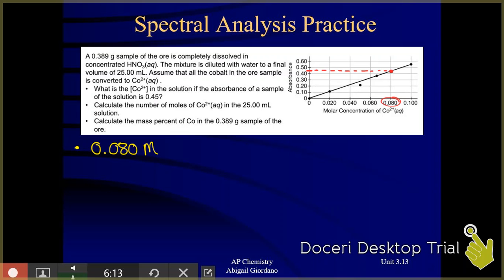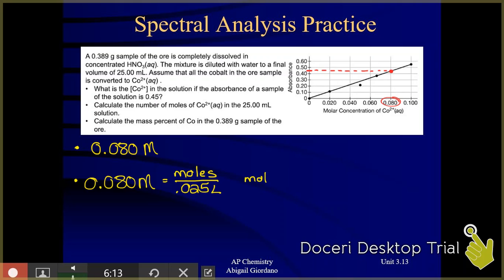The next part says, calculate the number of moles in the 25 milliliter solution. Well, based on what I've just answered, I know my molarity, 0.080, and I do not know the number of moles, but I do know the total volume. Remember, guys, molarity needs to have its volume in units of liters.